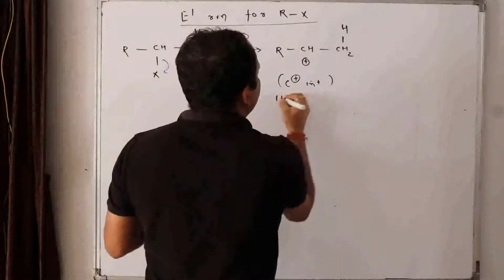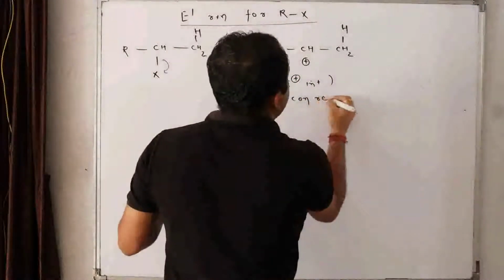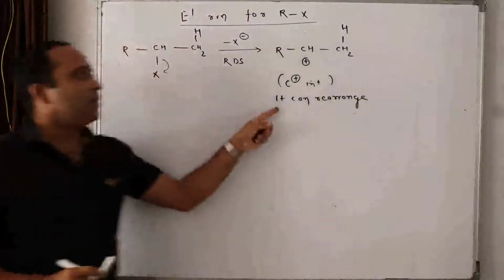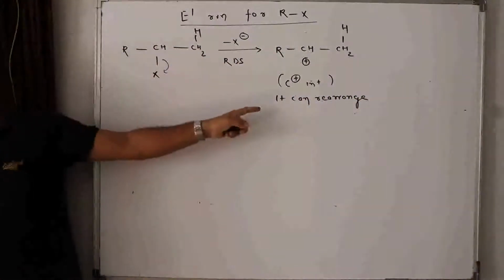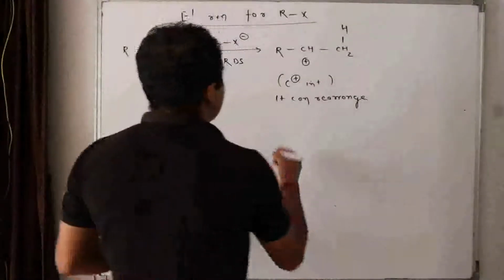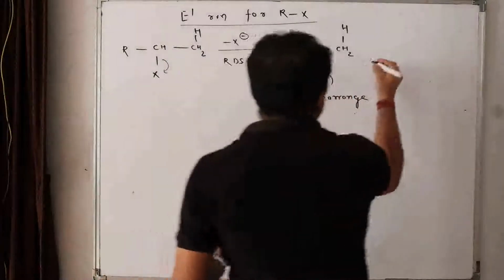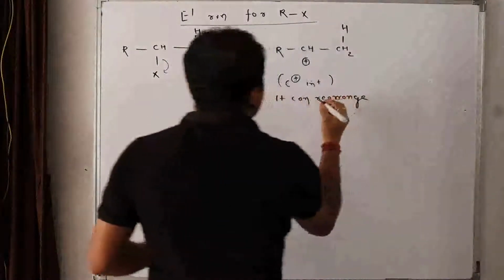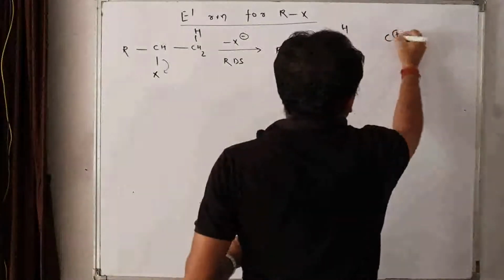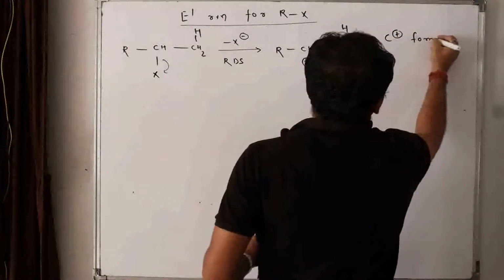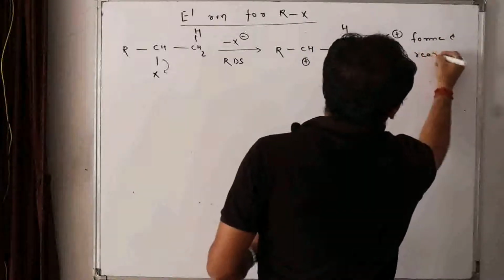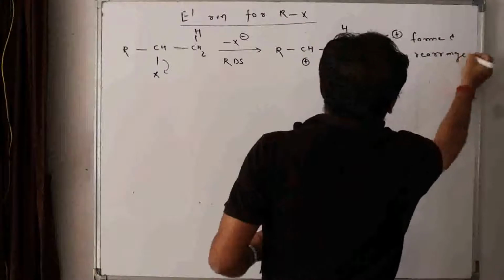Now it can rearrange if necessary. Do you understand? The first step, what happened? Carbocation is formed. Now our tension comes. Carbocation is formed and it can rearrange.